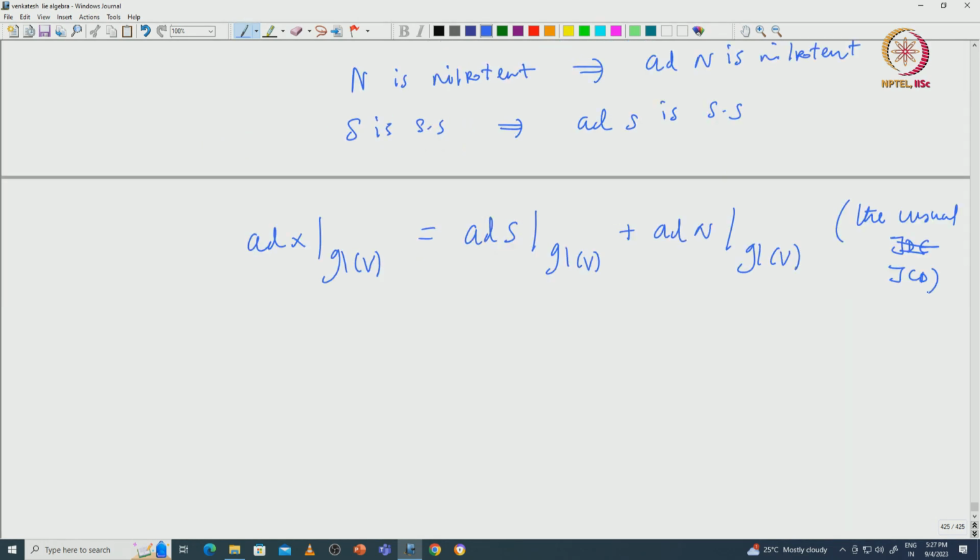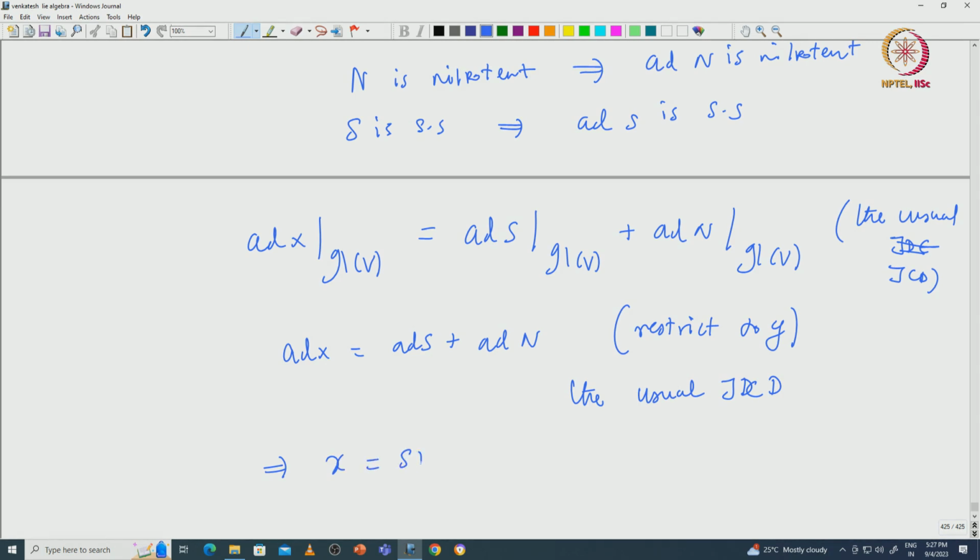Now, if you restrict this to G, you can easily see that this also becomes the usual Jordan decomposition. So, that means x equal to s plus n is actually the abstract Jordan decomposition.